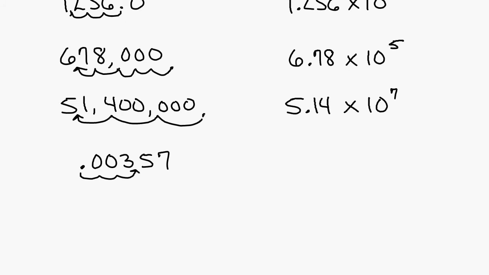So our A value is 3.57, times 10. Our beginning number is less than 1, so our exponent is going to be negative, negative 3. If the number you're beginning with is less than 1, your power is going to be negative.